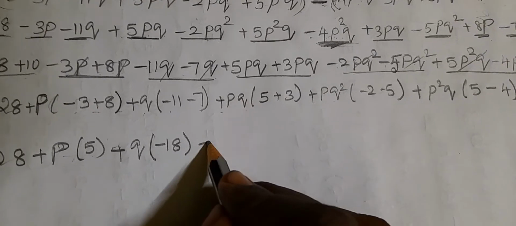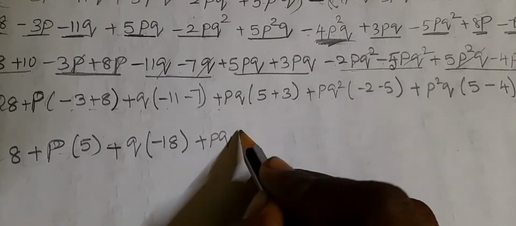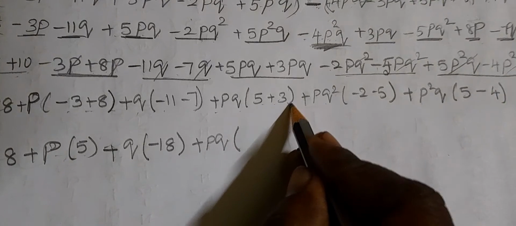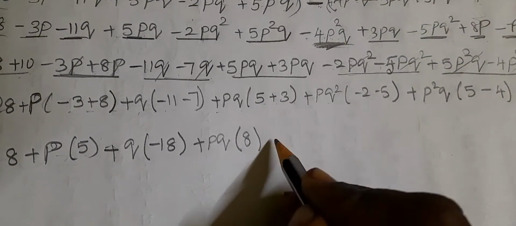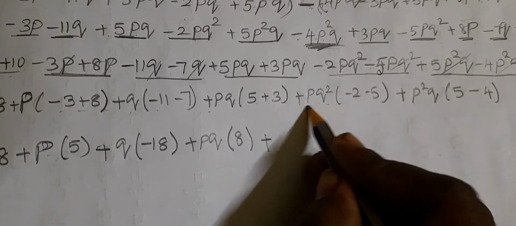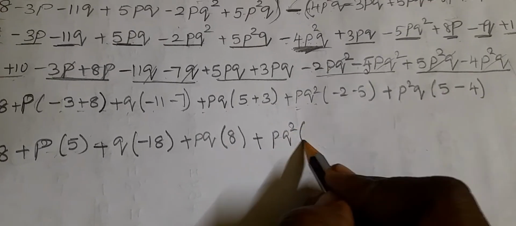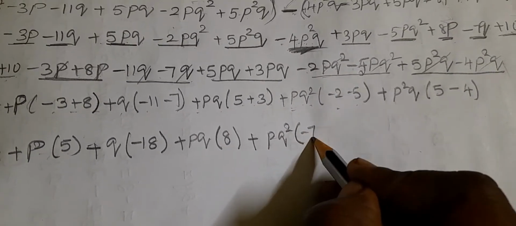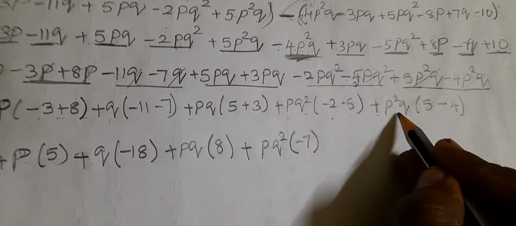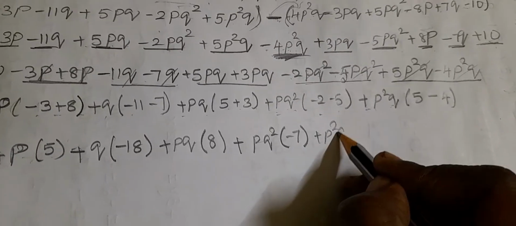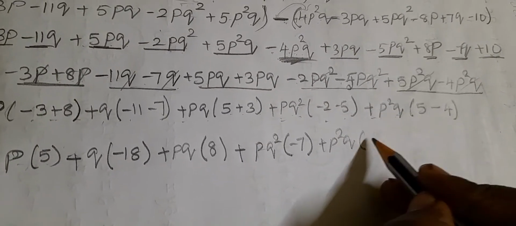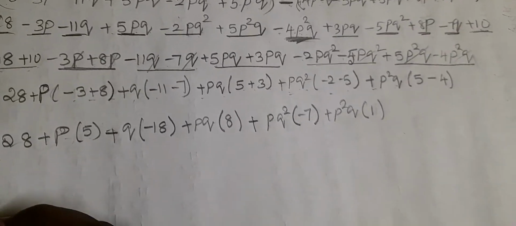Plus pq, 5 plus 3 is 8. Plus pq square, minus 2 minus 5 is minus 7. Plus p square q, 5 minus 4 is 1.